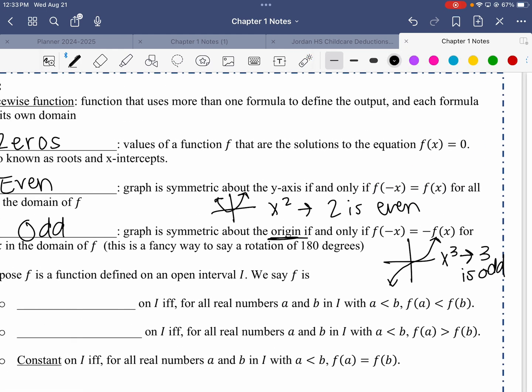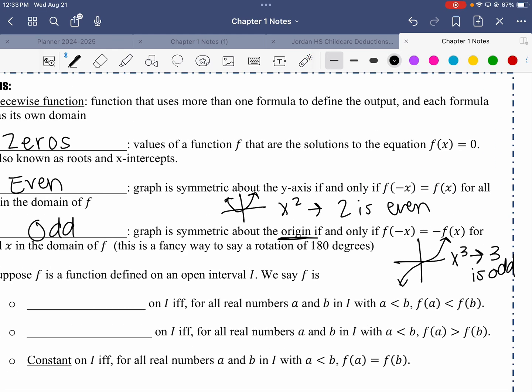Let's think about why. If I was doing x squared, and I had my x's and my y's, if x is negative 2, squared, that would be 4, right? Negative 1 would be 1, 0 would be 0, 1 would be 1, 2 would be 4. But think about this.